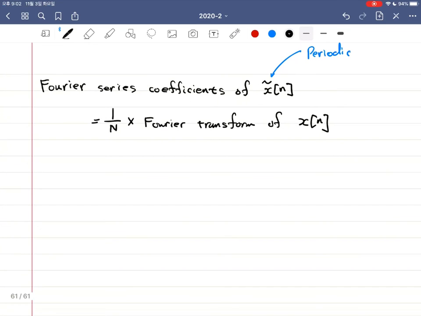So this is completely the same concept as in continuous time.